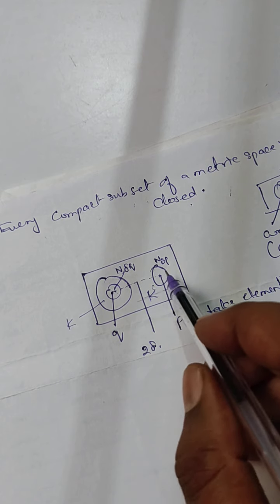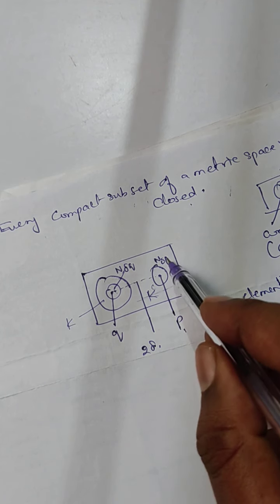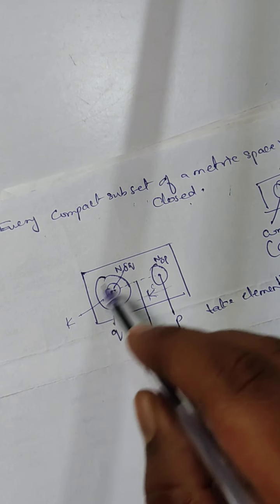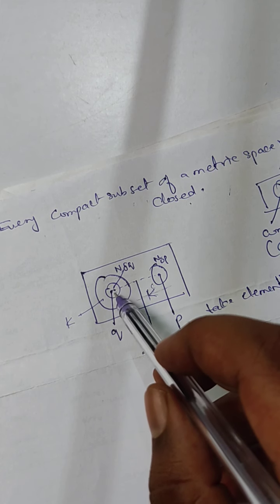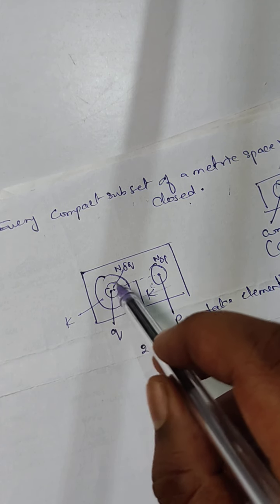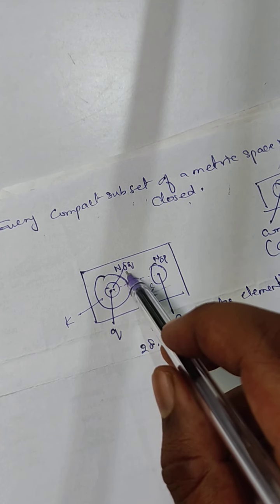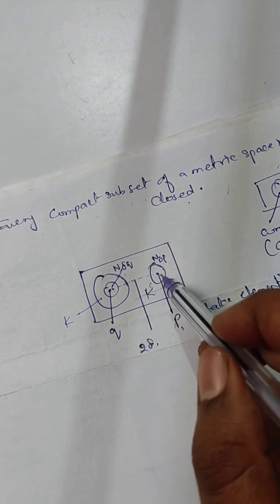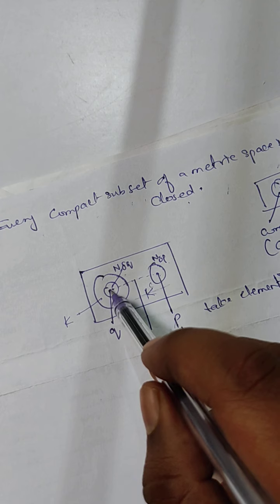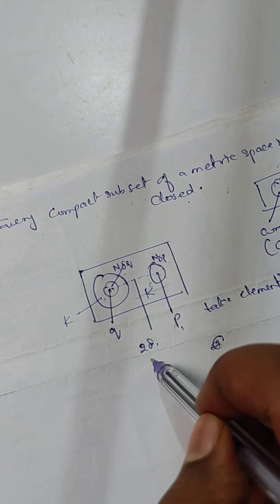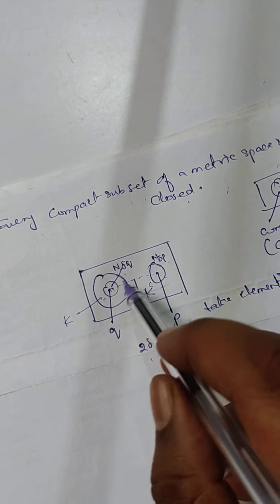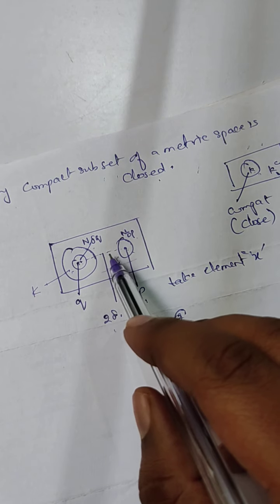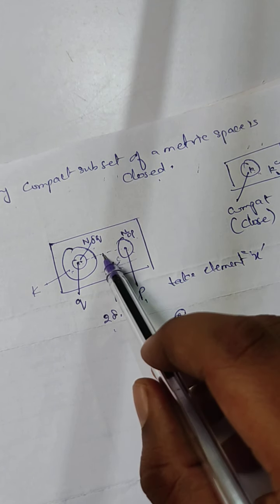Now we have to take a point P belonging to K complement and Q belonging to K. The neighborhood of Q that we are considering is N_Q with radius delta, and N_P with radius delta, and the distance between P and Q is delta.